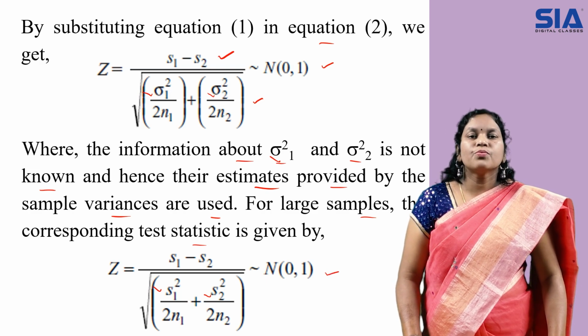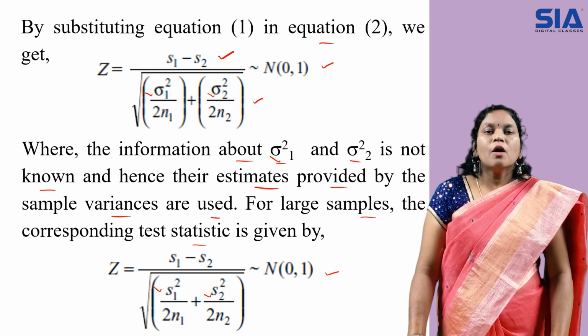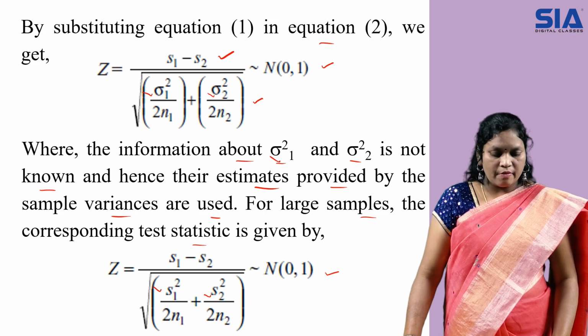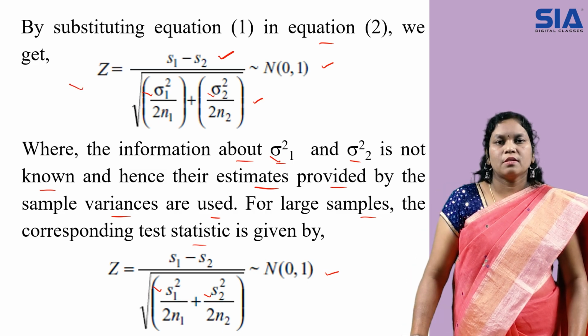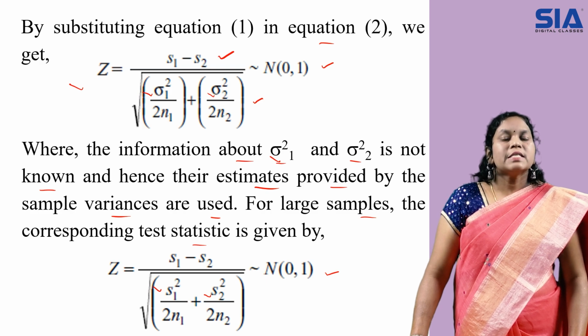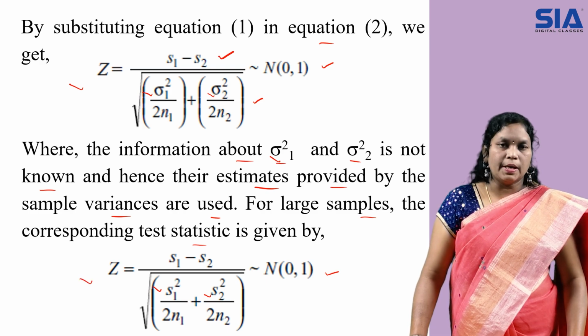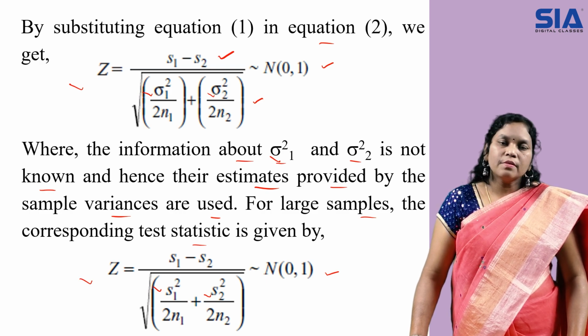We take the formula based on the data given in the question. If population variances are available, go for the first formula. Instead of population variances, if sample variances are available, we can go for this second type of formula. If standard deviations are given, we can go for the root over, like that also.